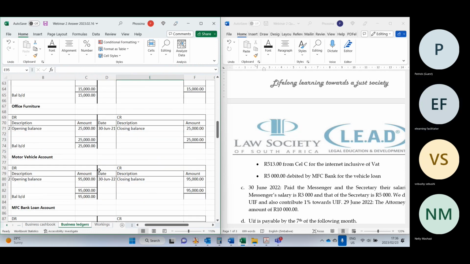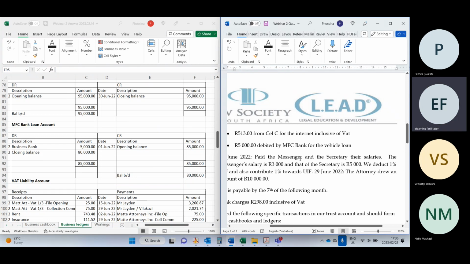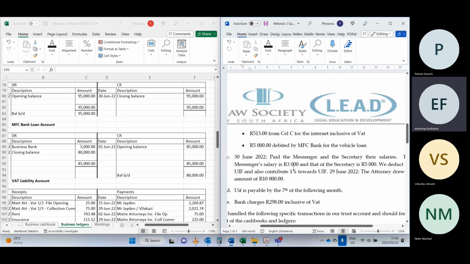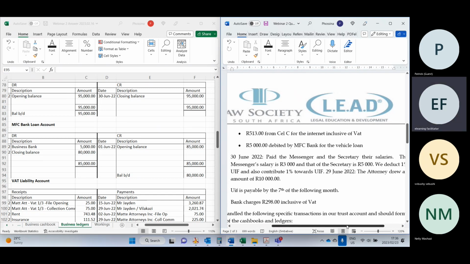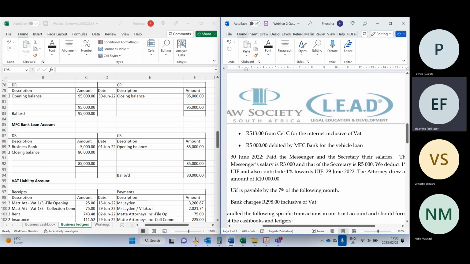Okay, so we've recorded our business transactions, and then we are told that on 30 June, we paid the messenger and the secretary their salaries. The messenger's salary is 3,000 and the secretary is 5,000. We deduct 1% UIF and also contribute 1% UIF.